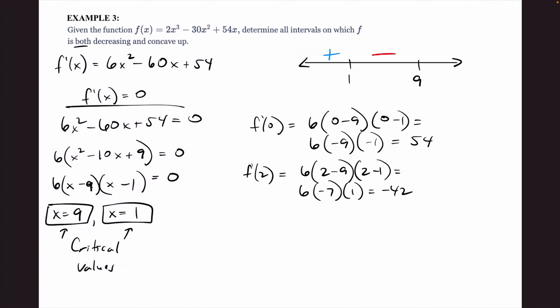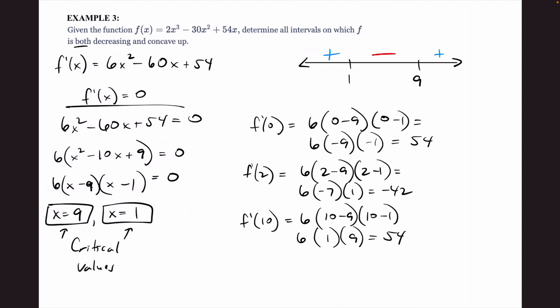Now 10. 10 minus 9, 10 minus 1. 6 times 1 times 9, 54. Positive. So increasing, decreasing, increasing.